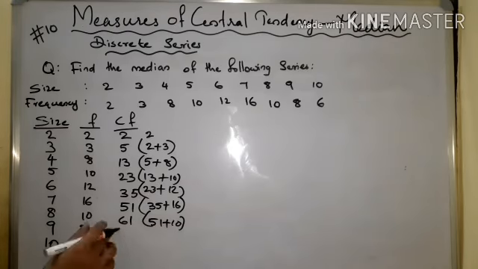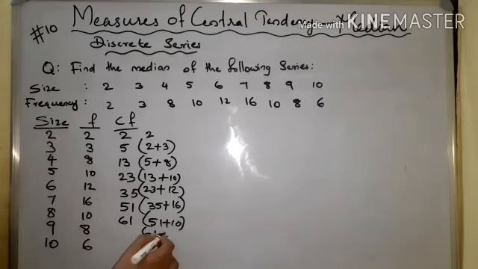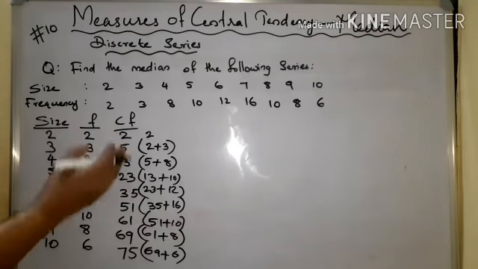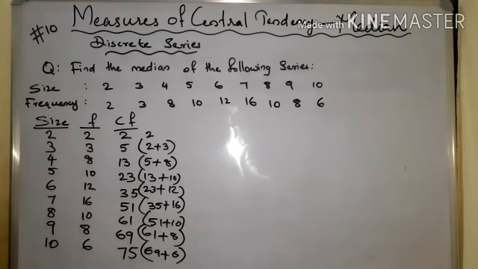Next, 61 plus 8, so 69. Then next one is 69 plus this 6, that is 75. So in this way, first you convert this normal frequency into cumulative frequency.